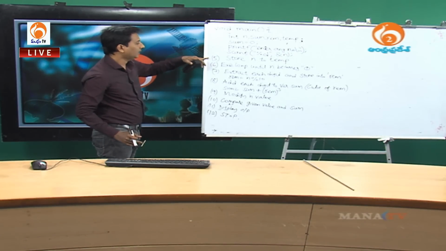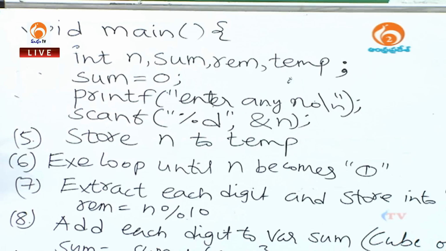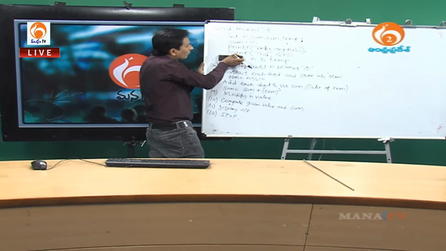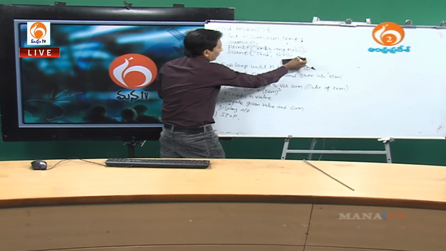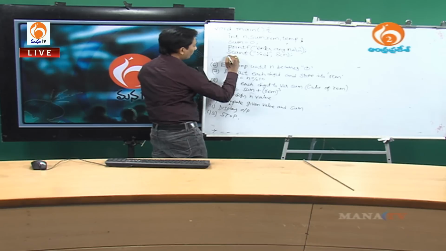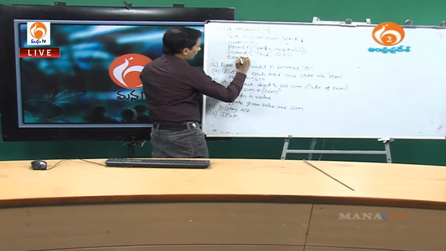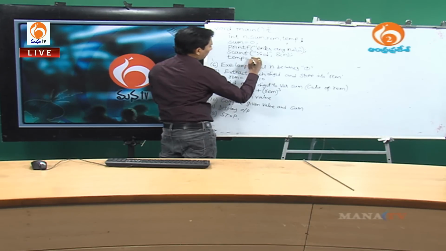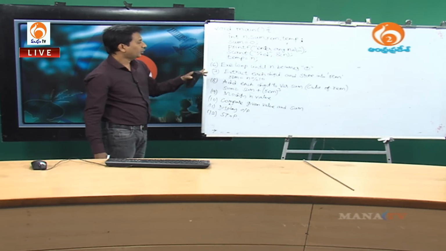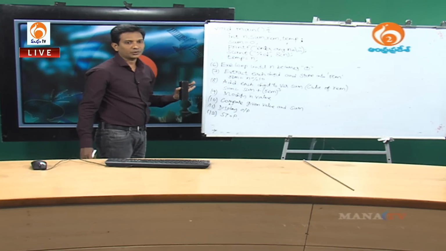Now step 5: store into temp. Temp equal to n. Next, execute loop until n becomes 0.